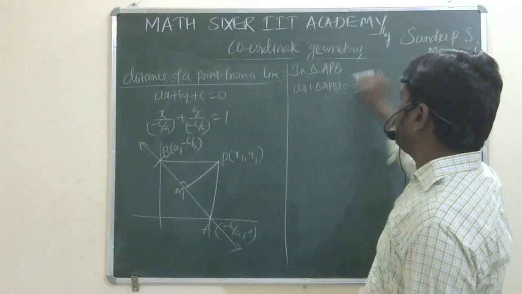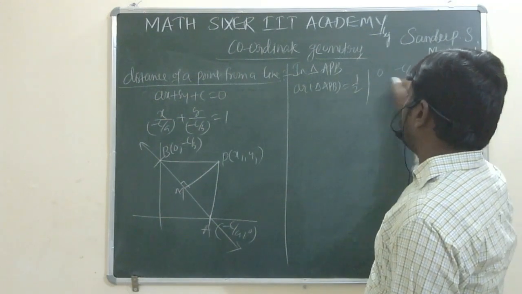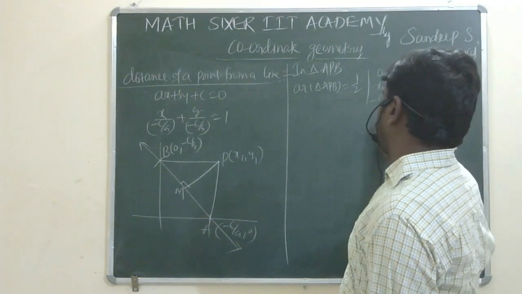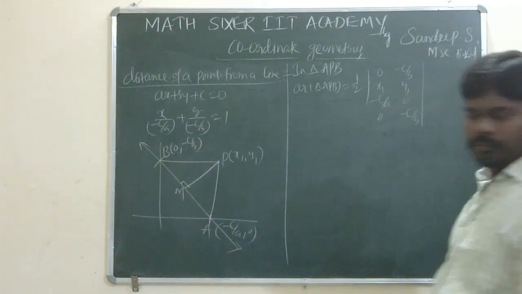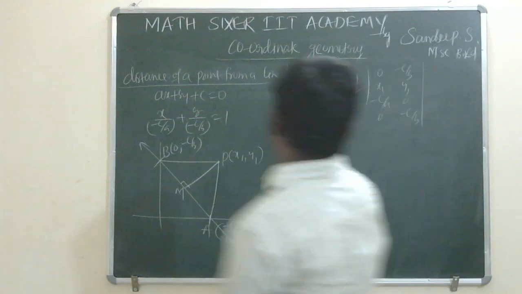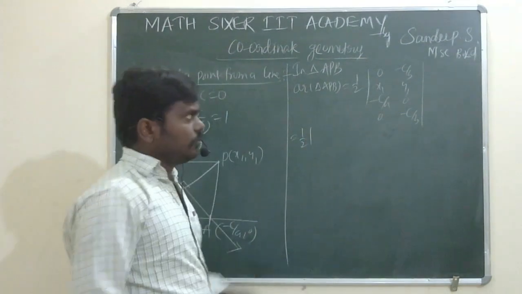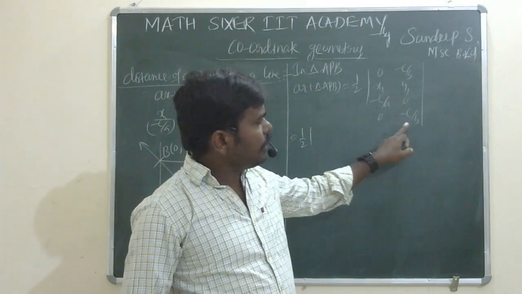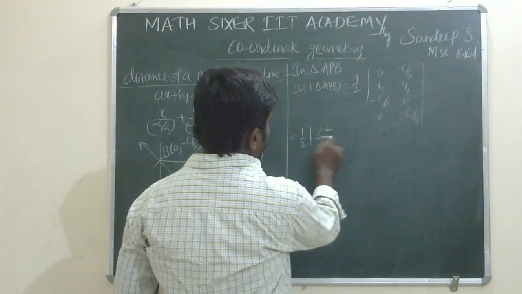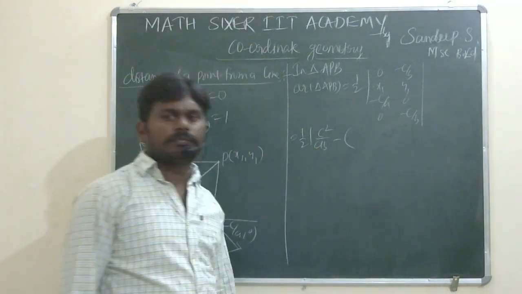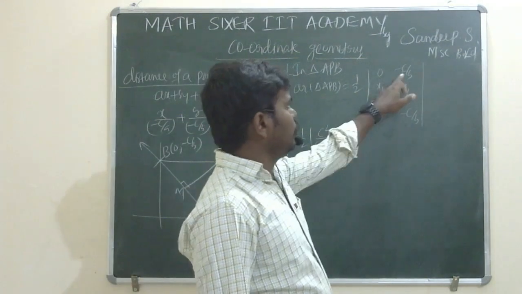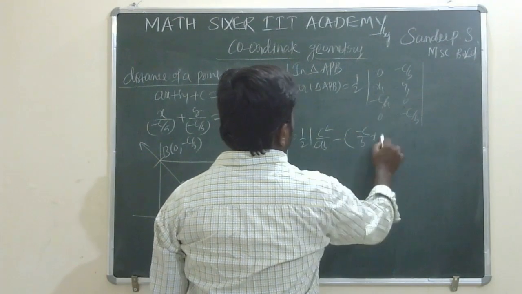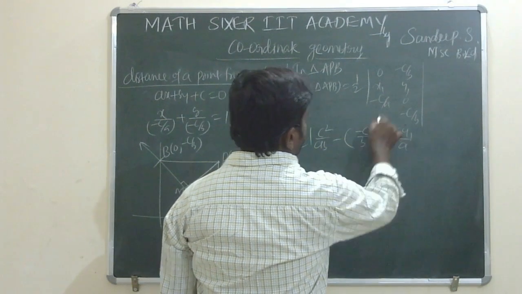So first let me write B: 0, minus c by b; here x1 comma y1; and here minus c by a comma 0, and we have to conclude with the first point. Next, 1 by 2 into modulus of: first multiply 0 into y1 is 0, and x1 into 0 is 0, and minus into minus plus c squared by ab, minus x1 into minus c by b, so minus c by b into x1, and again minus c y1 by a. Next we get 0, so we can close.